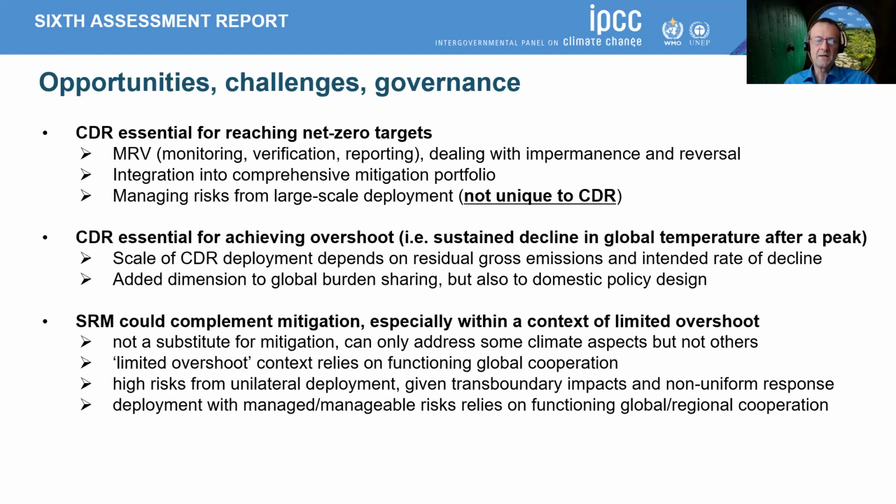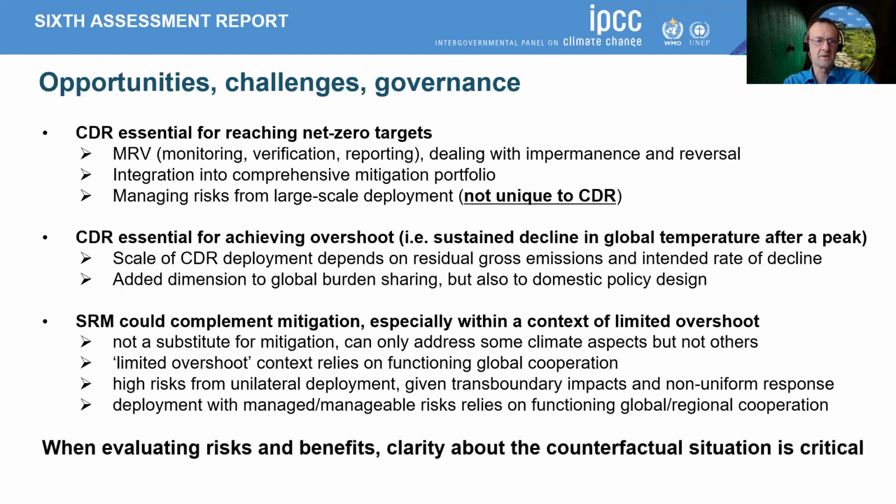There are clearly high risks from unilateral deployment, given transboundary impacts and non-uniform responses to SRM, whereas managed and manageable risks, again, rely on functioning global and regional cooperation to design interventions properly.